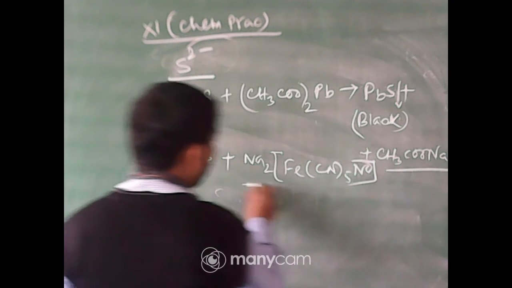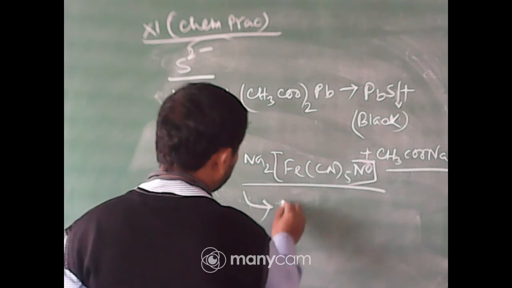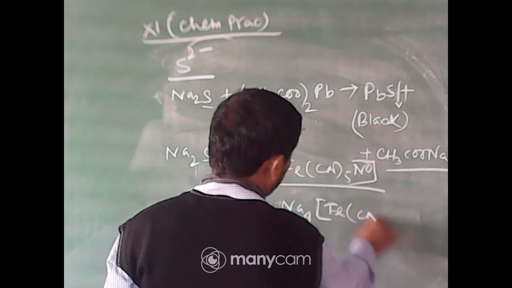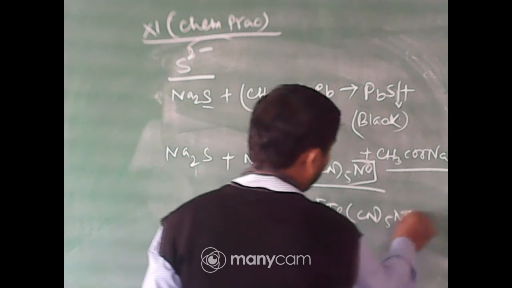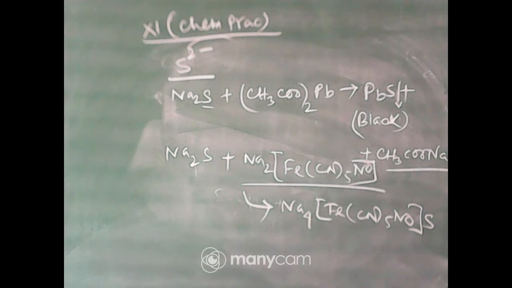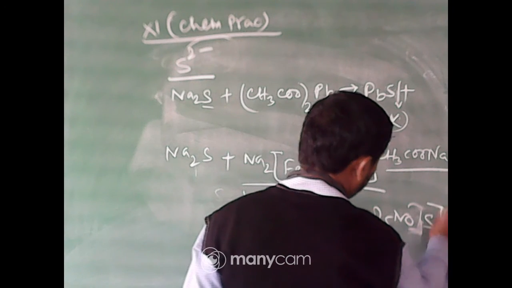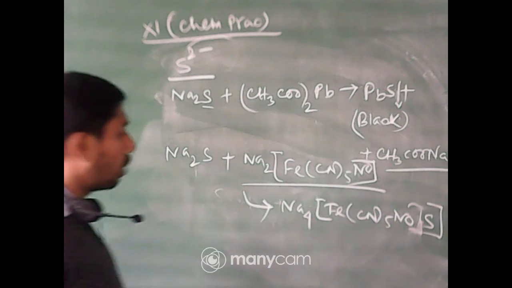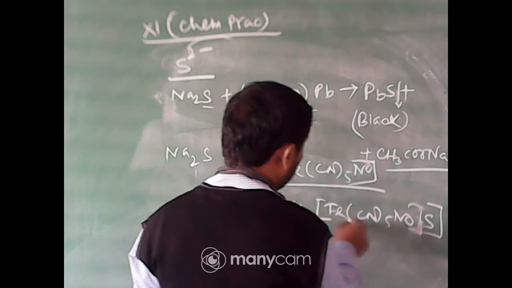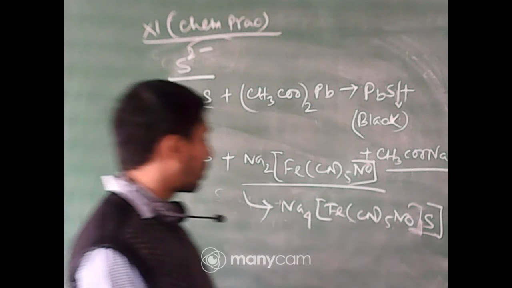This is sodium nitroprusside and the formula for the compound is Na4[Fe(CN)5NOS]. Okay. This is within the third bracket. This is the formula of the purple color PPT. Okay. So, Na4[Fe(CN)5NOS]. Okay.